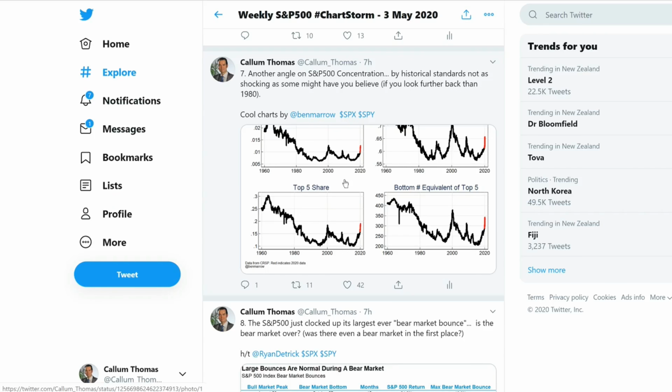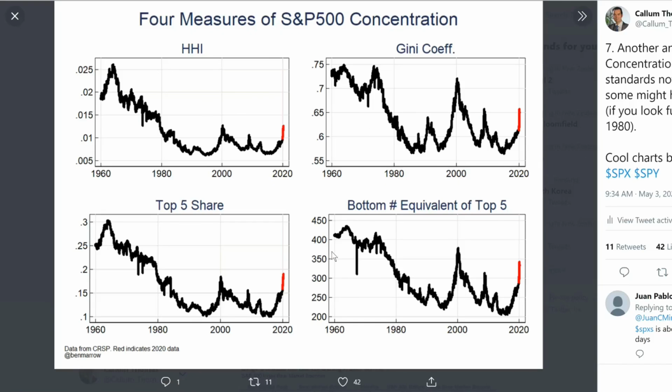But if you look back a little bit further, it's actually not as shocking. You might even say that if you assumed that 20-year period from 1960 to 1980 was kind of normal, you could argue that things are getting back to normal, or that they're just moving back to the long-term average.